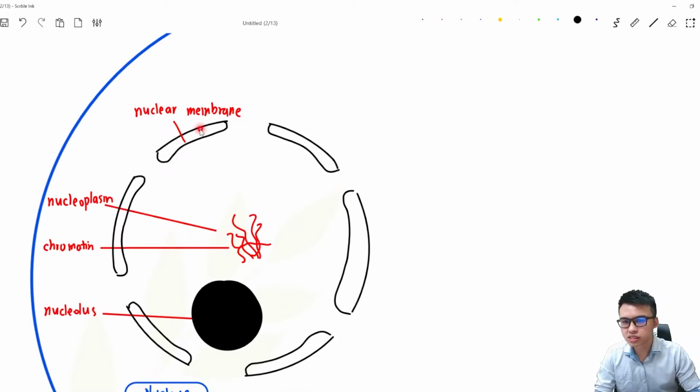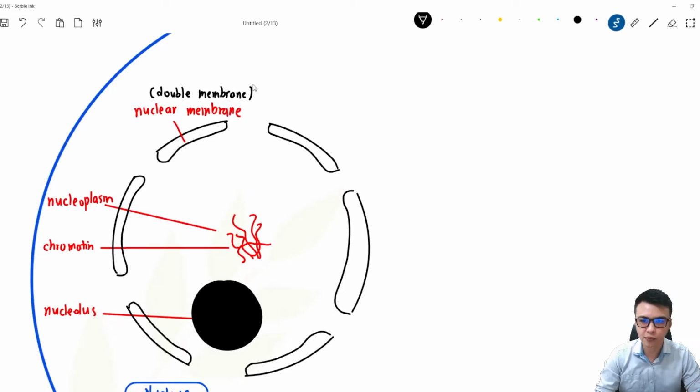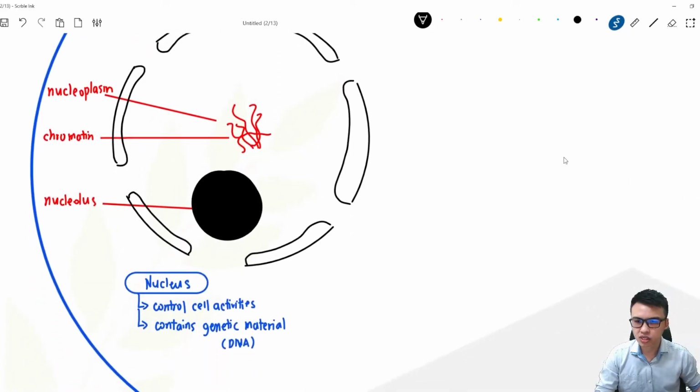From what you can see here, the nuclear membrane consists of two layers. These two layers of nuclear membrane, we call a double membrane. So the nucleus is one of the organelles that consists of double membranes. Later, I'm going to show you another two organelles that have double membranes in our cell. All right, so that's it for the nucleus.